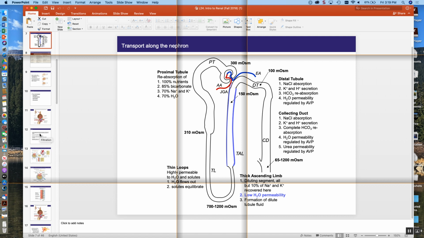Bicarbonate here in both the distal tubule and the collecting duct continues to be reabsorbed. But the main thing here is when vasopressin is circulating throughout your body, it's going to promote water reabsorption and urea reabsorption. Don't forget about urea, because if you're reabsorbing a lot of water in this area, you're going to dilute out your osmotic gradient.